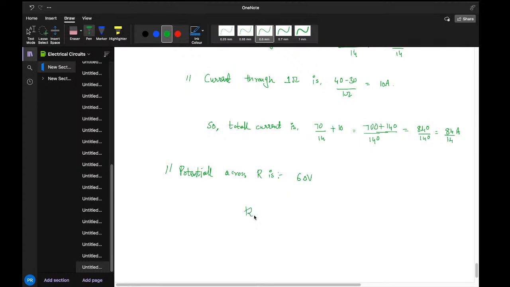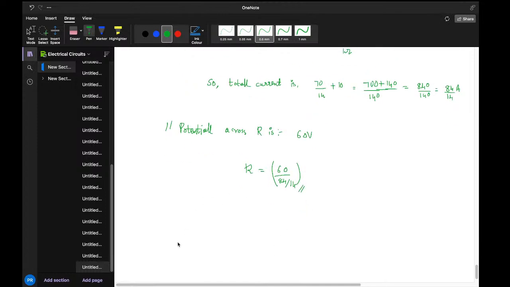So the resistance R is given by 60 divided by 84 divided by 14. Okay, so this is the value of resistance R. You guys can calculate it. I'm not going to do that.